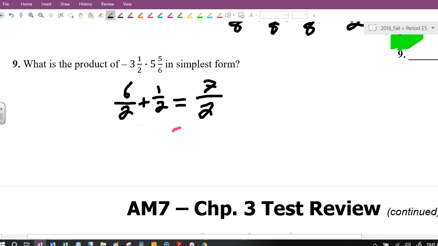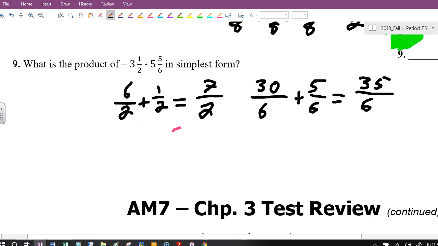How many sixths are in 5? 30. 30 over 6. And we also have the 5/6. And then you would multiply 7/2 times 35/6, and you would get 245.